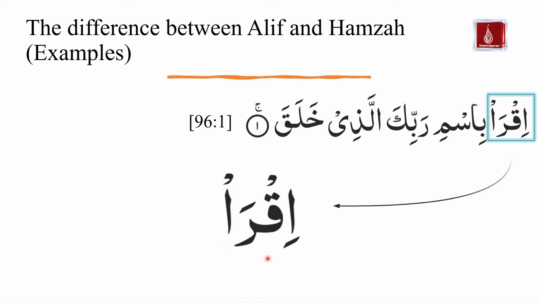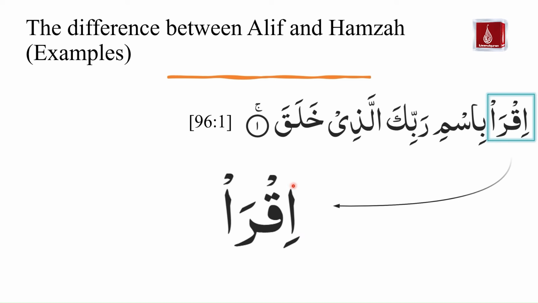But if we look more carefully, we'll realize that this alphabet has a zair underneath it, and this one has a sukun on it. And what we have learned is that by definition, alif will have no sukun on it or no harakat on it.